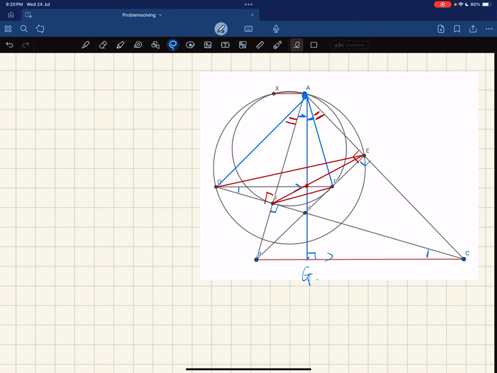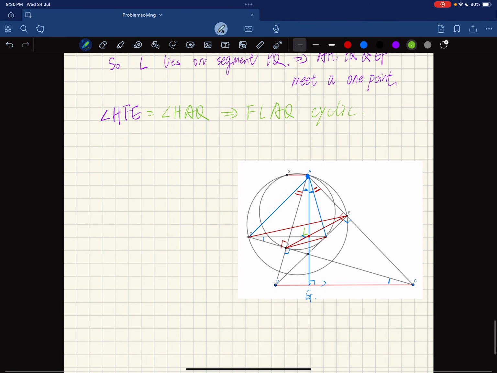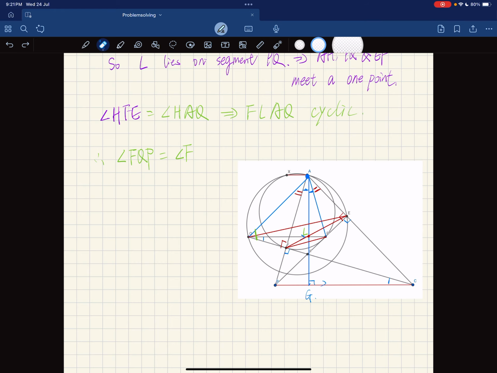This point is L, so we can have the angle FQP, the blue angle, equals angle FQL.